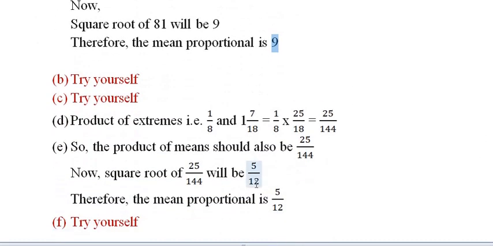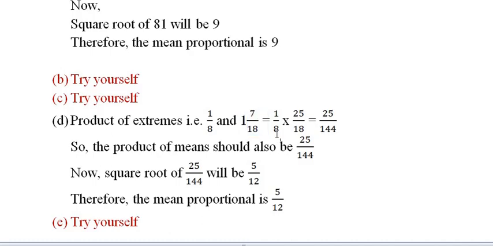Again, in question number D, it is given 1 by 8 and 1 whole number 7 by 18. So we will simply multiply these extremes, that is 1 by 8 and 1 whole number 7 by 18.